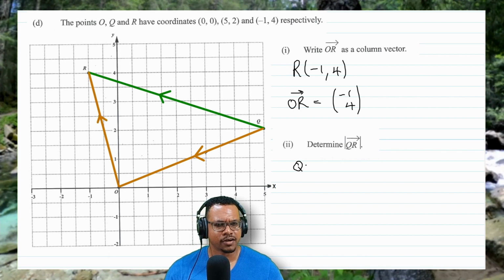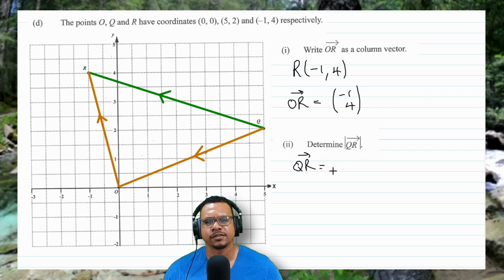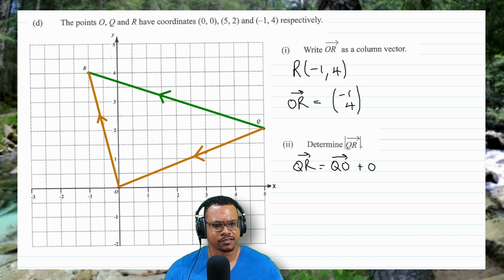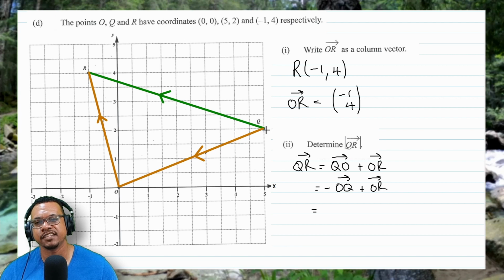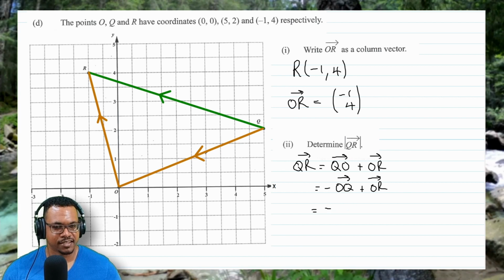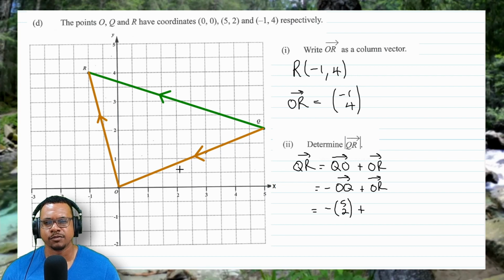First, QR is equal to the vector Q to O plus the vector O to R. And of course, Q to O is negative the vector O to Q. So a negative sign multiplied by the vector O to Q plus the vector O to R. The coordinates of OQ are 5 on the X and 2 on the Y. So that'll be negative sign by 5 and 2 like this, plus OR, which is what we just found as negative 1, 4.